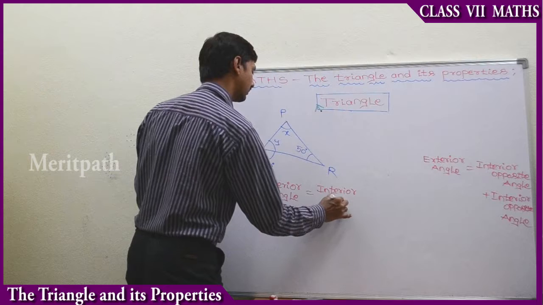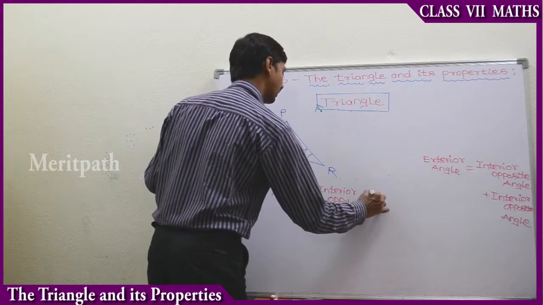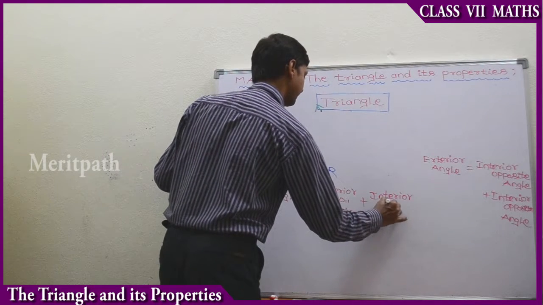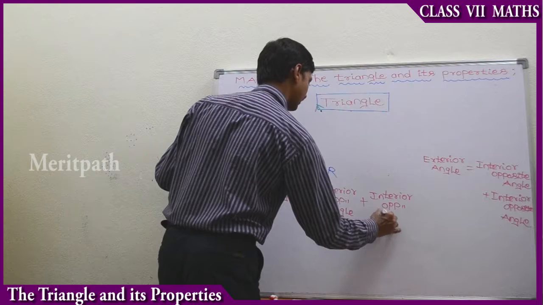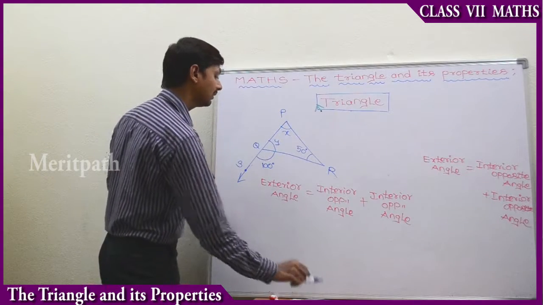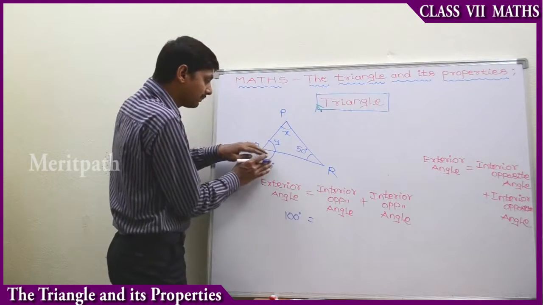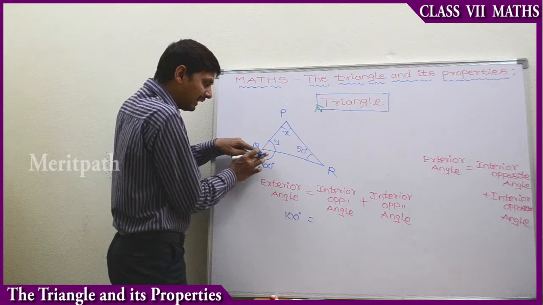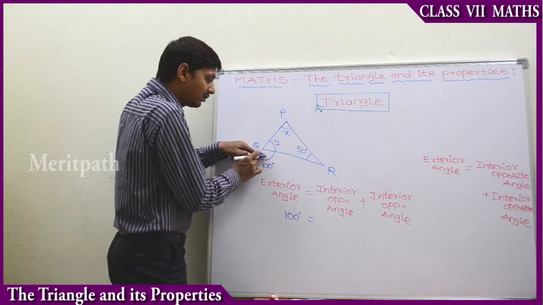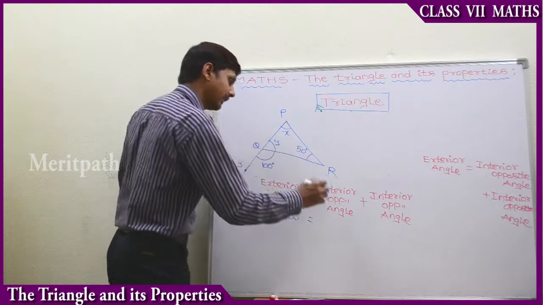The exterior angle here is 100 degrees, so the exterior angle is equal to the interior opposite angles, that is x and 50.